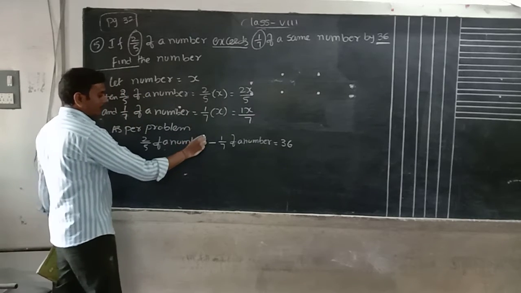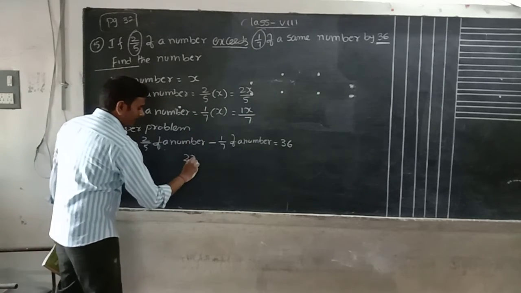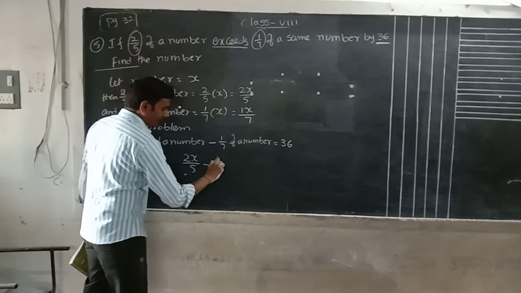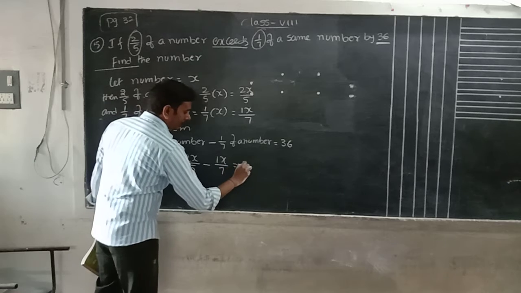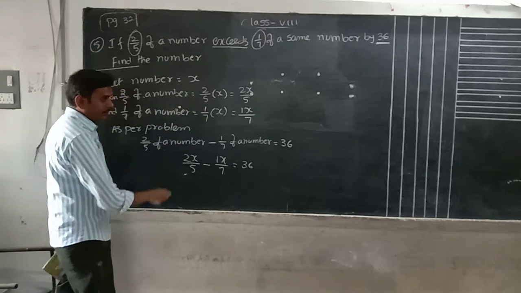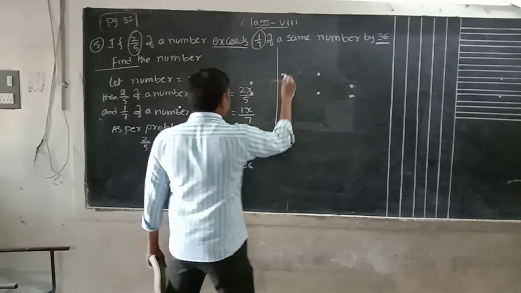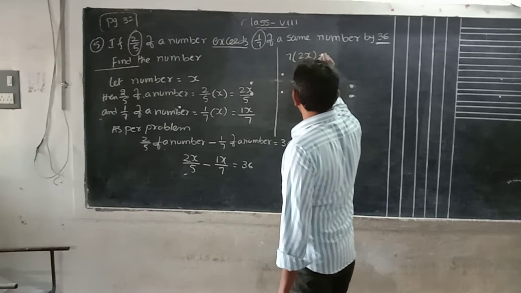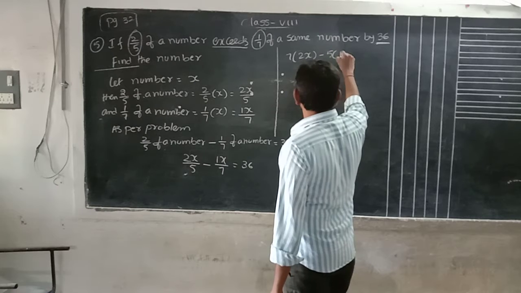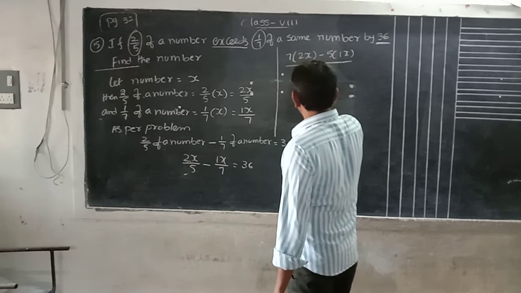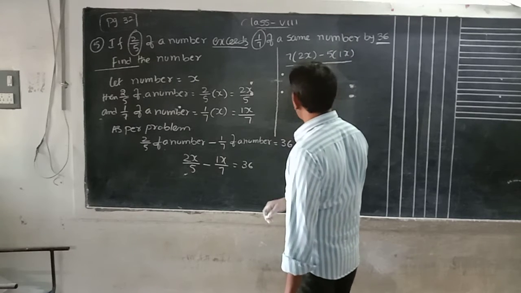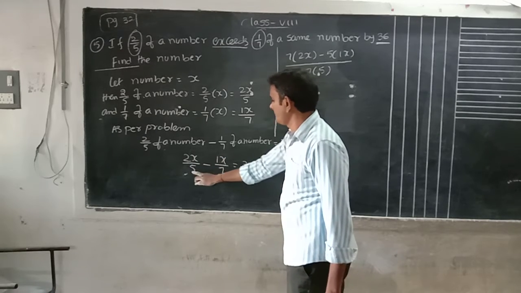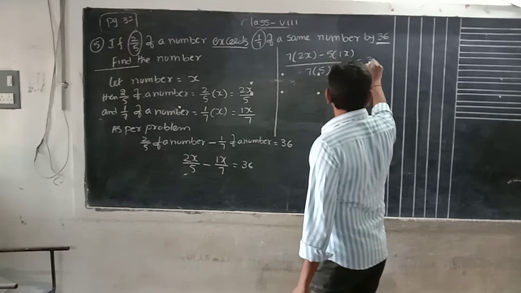Now replace the values. 2 by 5 of a number is 2x by 5, minus 1 by 7 of, remember, 1x by 7, equal to 36. Now cross multiply that one. 7 into 2x minus 5 into 1x by 7 into 5 equals 36.